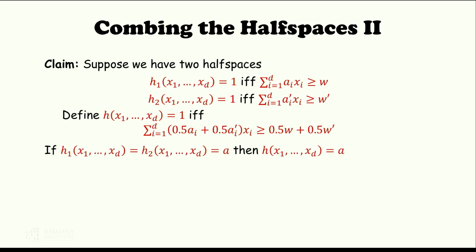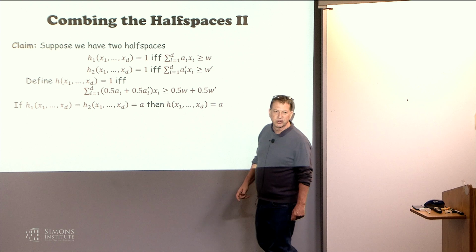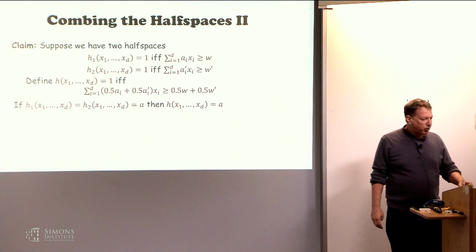And if we have two half spaces that give the same value to this point, then the average gives the same value to this point. Meaning that if these two give the correct value according to the target function at the point x, the average also gives the correct value at the point x. And there's nothing special about average. We can take any convex combination of these hypotheses, and we can do it for many hypotheses.